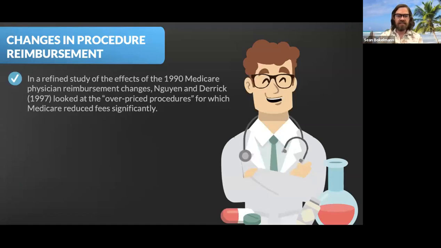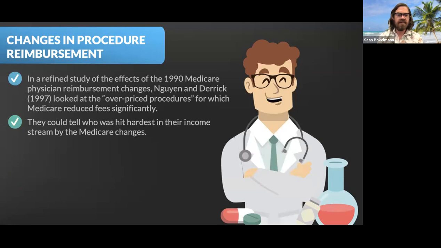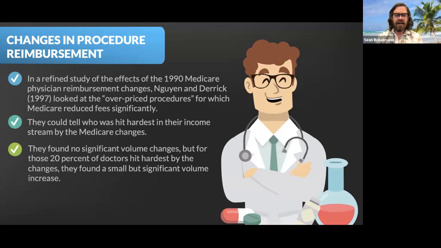In a refined study of the effects of this change, Nguyen and Derrick looked at the overpriced procedures for which Medicare reduced fees significantly. And so they could tell from this data who was hardest hit in terms of their income as a result of the Medicare changes. They found that there weren't any significant volume changes overall.